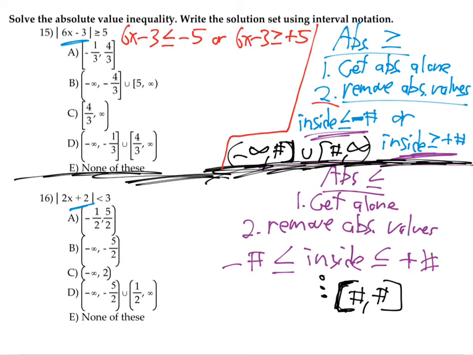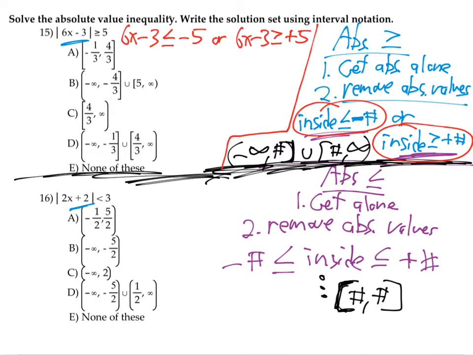See how I followed this and this exactly? I did the inside less than or equal to the negative number, or the inside greater than or equal to the positive, because it was an absolute value greater. It was a greater one. See that difference? It helped to see it the second time. That's why we do practice problems as well. Math is always a little blurry for me the first time.